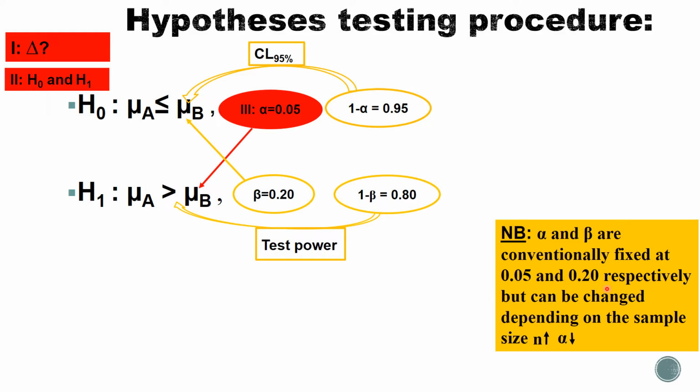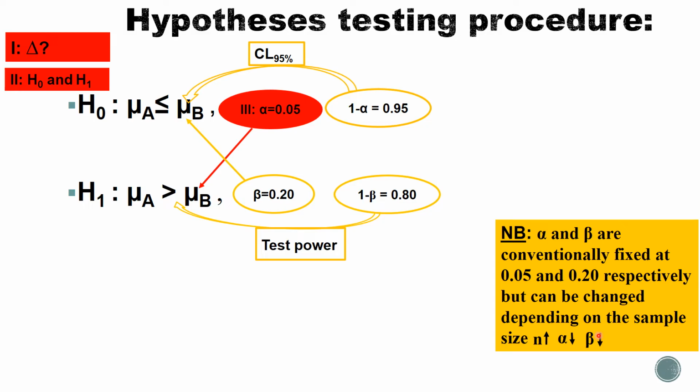That's to say sampling error against the null hypothesis would be small, and at the same time sampling error against the alternative hypothesis would be small because we had a very large sample size. Sample error, in other words random error against the null hypothesis, which is alpha, would decrease, and at the same time sample error against the alternative hypothesis would also decrease.